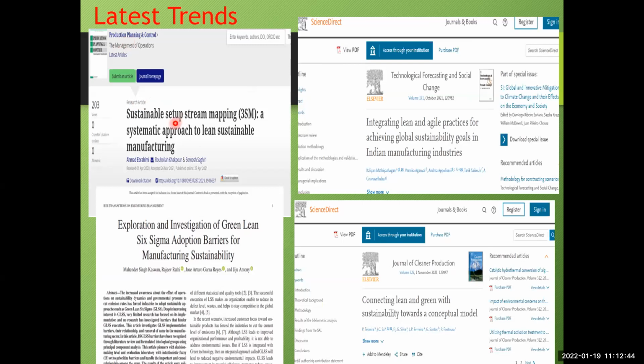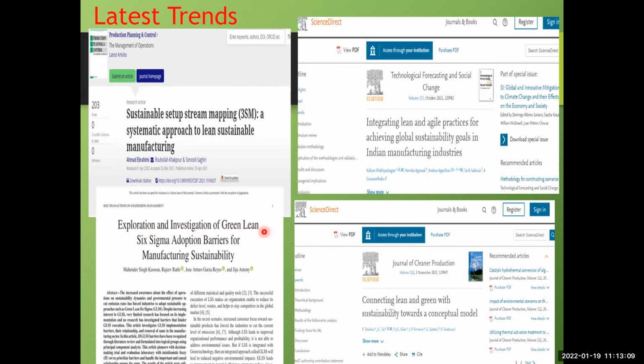Sustainable SetUp, a value stream mapping tool, meaning a lean tool, a systems approach to lean sustainable manufacturing. Integrating lean and agile practices for achieving global sustainability goals in Indian manufacturing industries. Without achieving these practices, we cannot think of sustainable manufacturing.